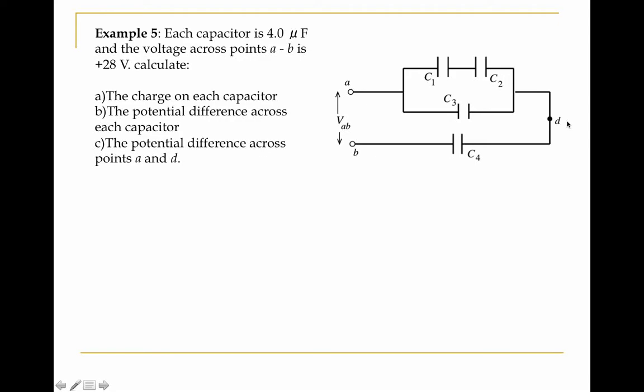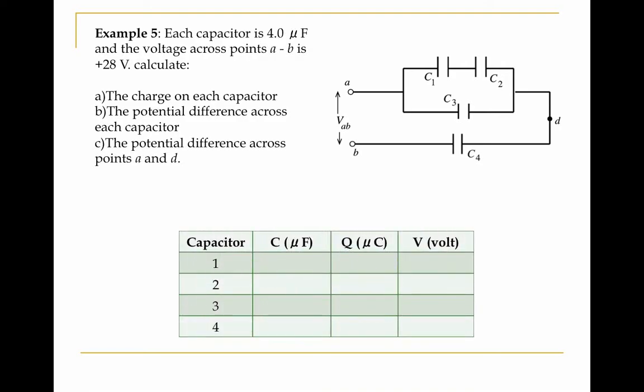Alright, in order to do these problems, I suggest we use this table in which we list all the capacitors, 1, 2, 3, 4, the capacitance for each one of them, the charge on each one, and the voltage drop across each capacitor.